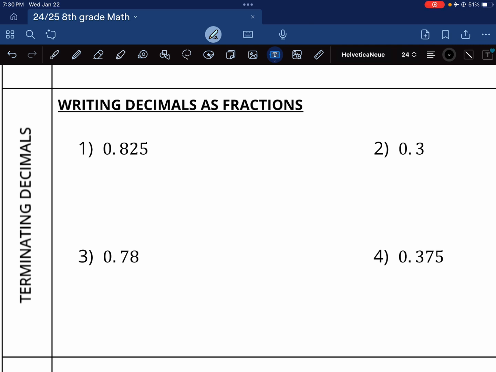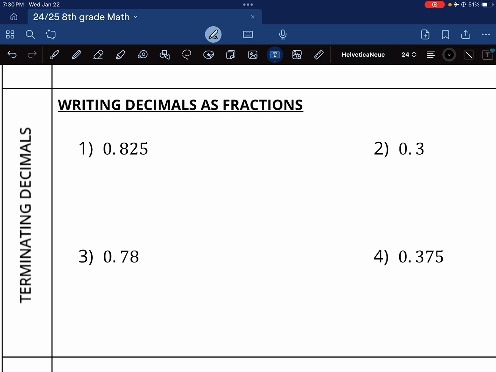We're going to look at these four numbers and put them into fractions, so that we know they are a ratio. When we look at a fraction, we have to figure out what our denominator is going to be.